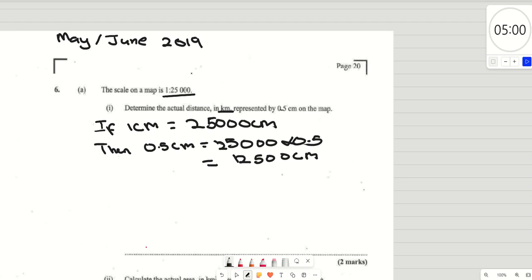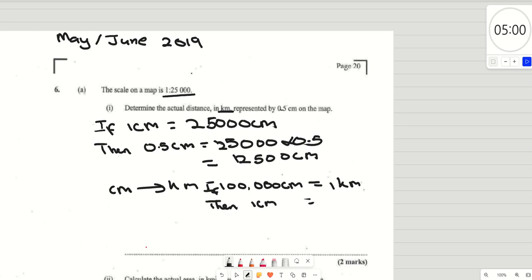So now we're going from centimeters to kilometers. You'll have to remember that 100,000 centimeters is equal to 1 kilometer. So if 100,000 centimeters is 1 kilometer, then 1 centimeter would be, remember this is your left hand side and your right hand side.